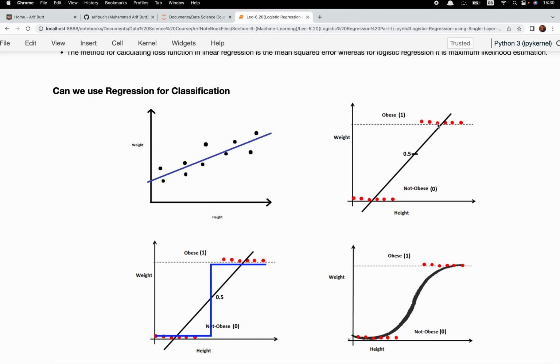Moreover, if there exists an outlier somewhere, suppose over here where my mouse is hovering in our data set, a very obese person, a red dot over here, the slope of the line will be reduced, and this threshold of 0.5 in that case might not work. So this linear line is highly susceptible to outliers, and to handle this we preferably use a step function as shown in this left bottom graph.